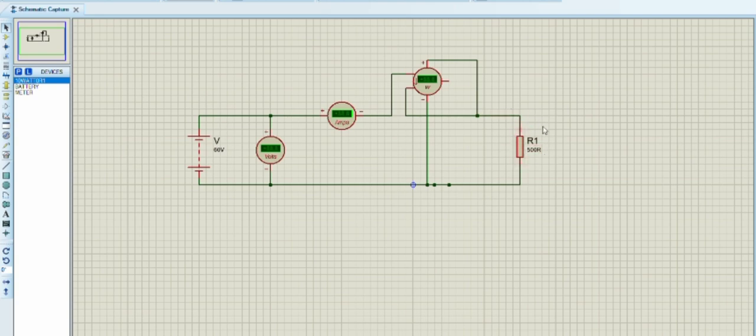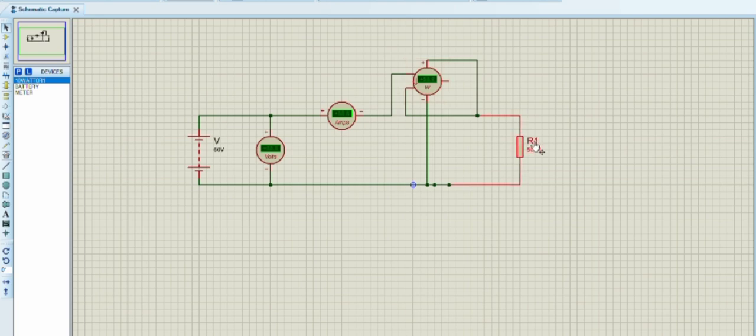This is the resistor. Its value will change from 100, 200, 300, 400 and 500 ohm. After that, the negative pole of the wattmeter will connect to the ground, and the positive pole will connect to the circuit.